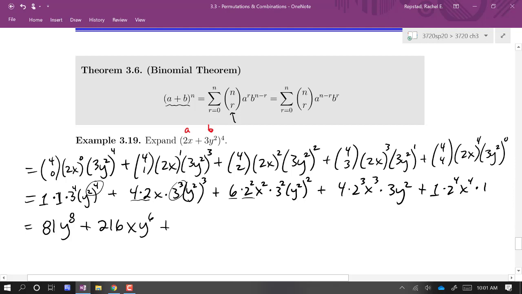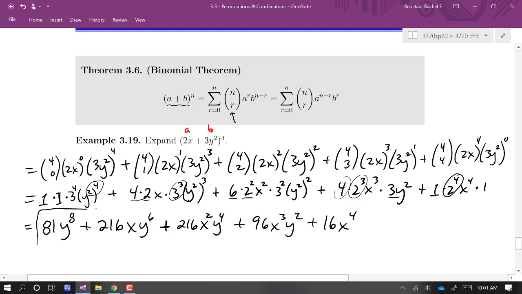And we have 6 times 4 is 24 times 9 is 216 again, x squared y to the 4th, plus 4 times 8 is 32 times 3 is 96, x cubed y squared, plus 2 to the 4th is 16 x to the 4th. And there it is.